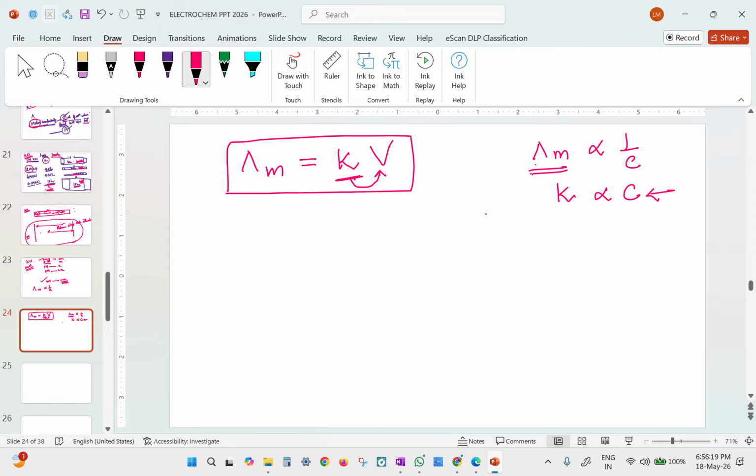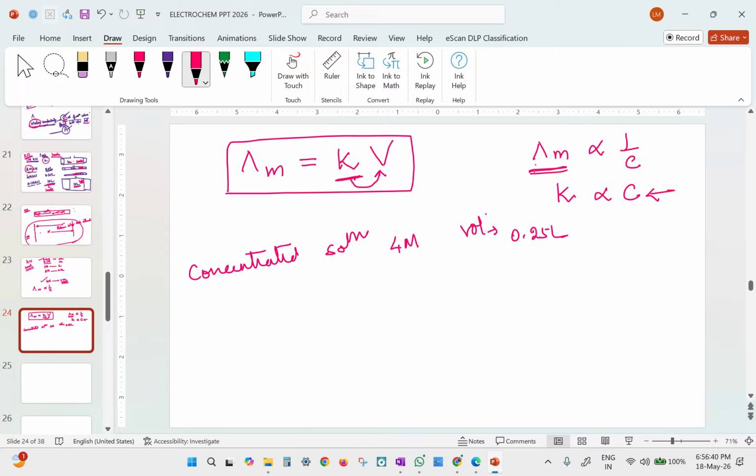So if you have a concentrated solution, like 4 M, the volume of solution that you must take will become 0.25 liters.